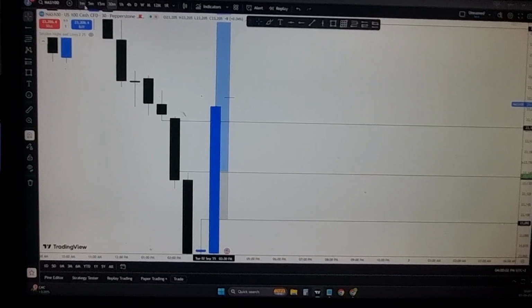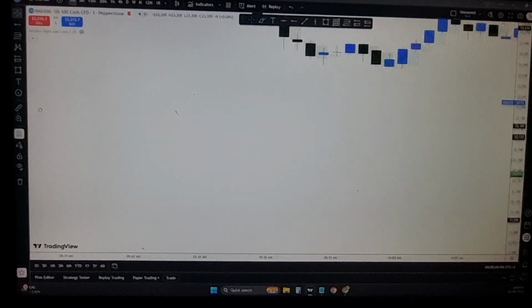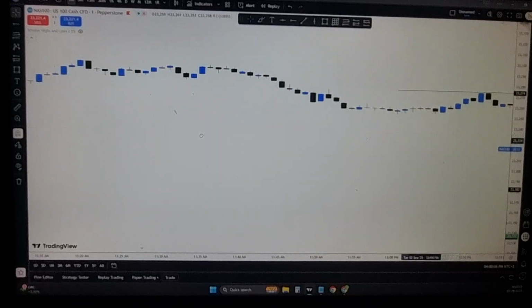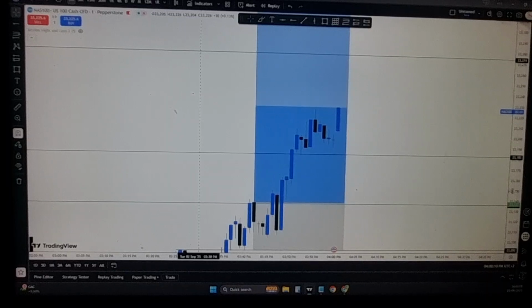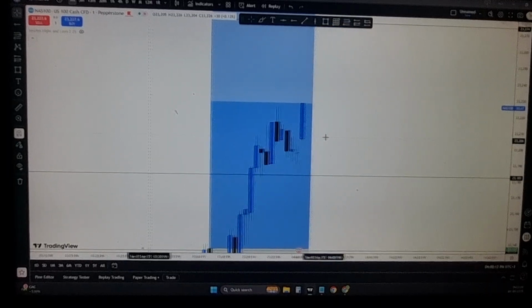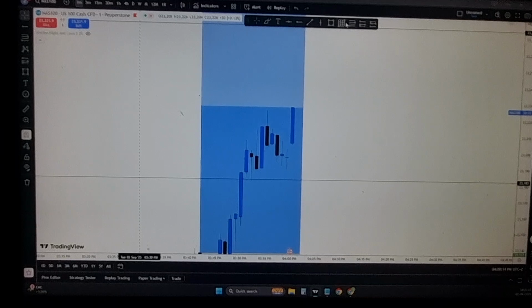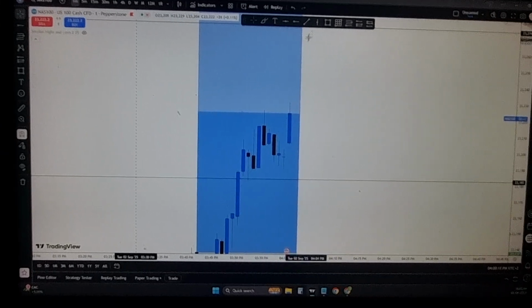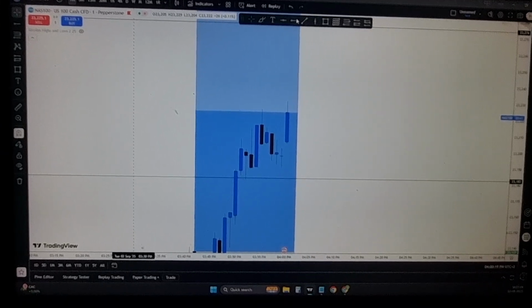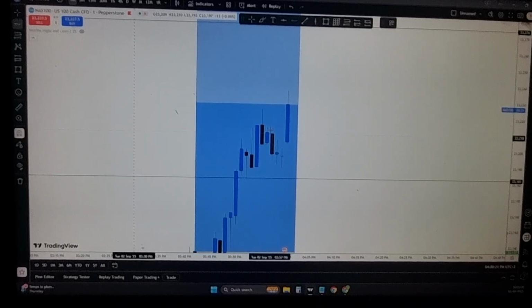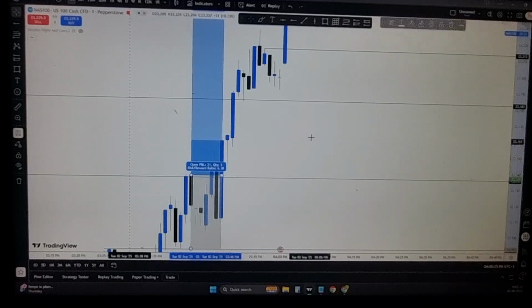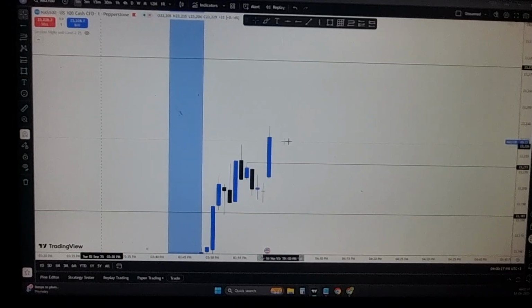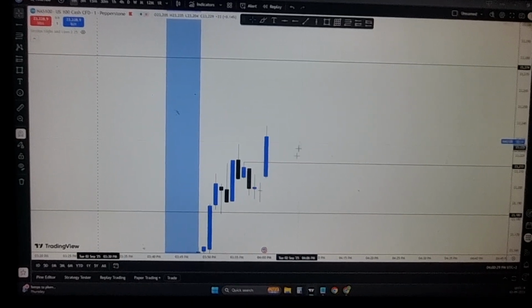Okay, so we inverse this 30-minute fair value gap. Now I'm gonna wait for a break of structure on the 1 minute, and I'm gonna enter. So in this case we are waiting for this high to be broke above.